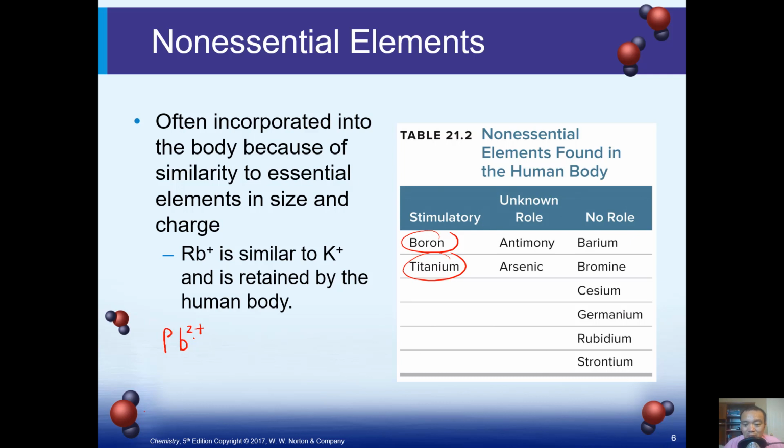And the rubidium ion is also toxic, because rubidium ion may substitute for potassium due to similarities in size and charge. So both of these ions, they are toxic.